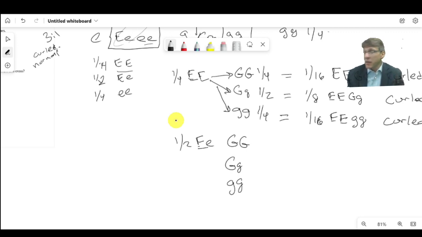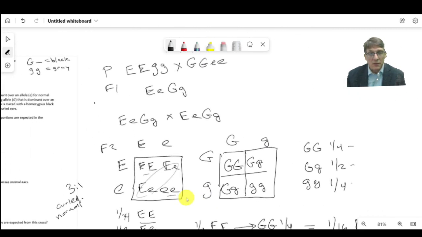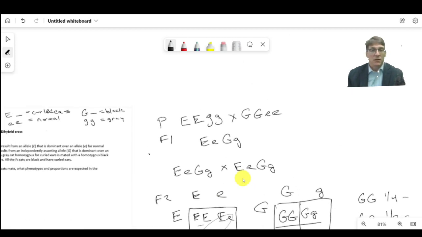Now, that's what you would probably do if this wasn't a particular type of problem that I'd like to point out to you. So remember when Mendel worked with his peas, and we consider a cross with round and yellow peas and green and wrinkled peas. That was his classic dihybrid cross.